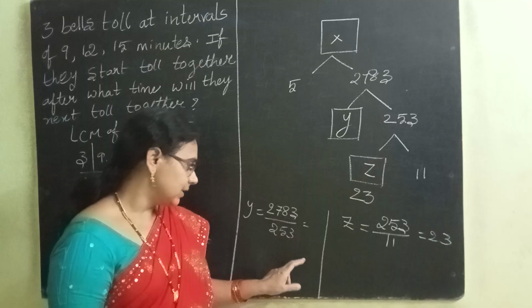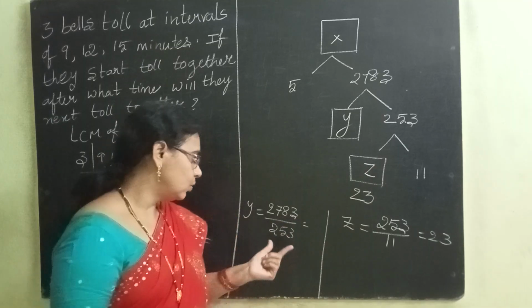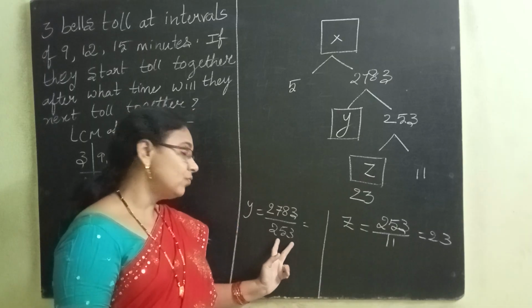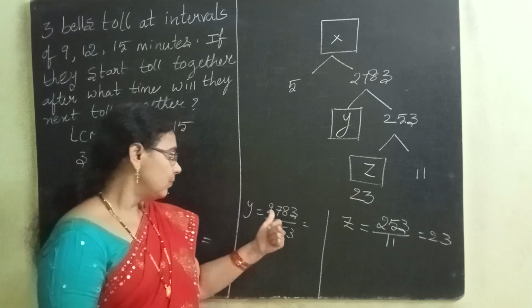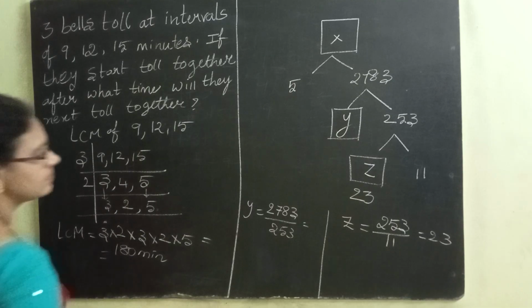I hope 3 ones are 3. So maybe you have to think like that. 253 ones are 253 only. So maybe 253 11s are. Will you get this answer? Check it. 253 11s are.